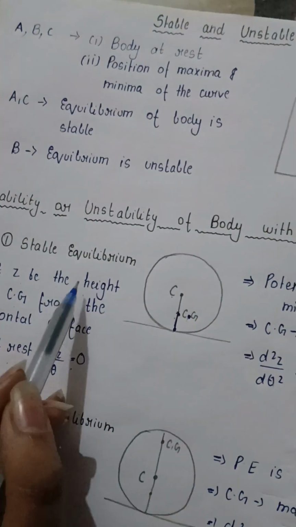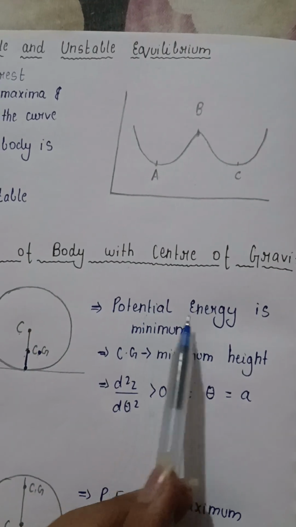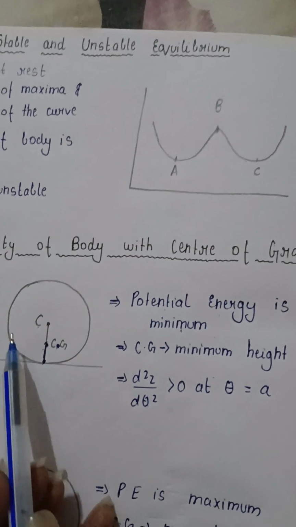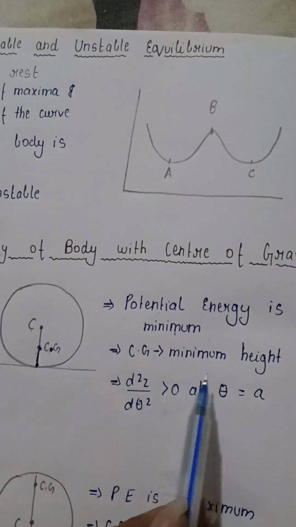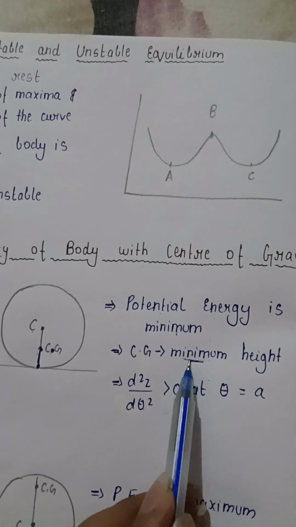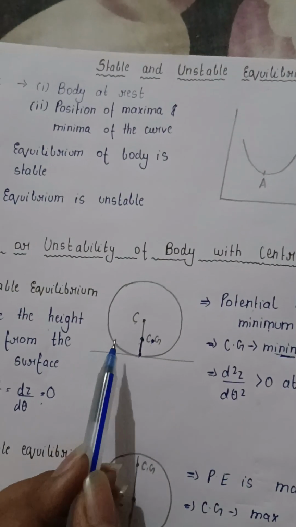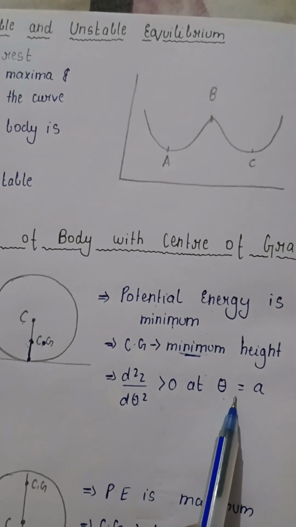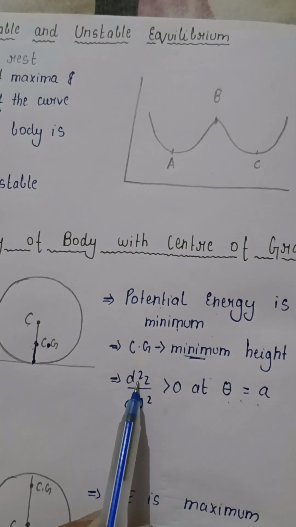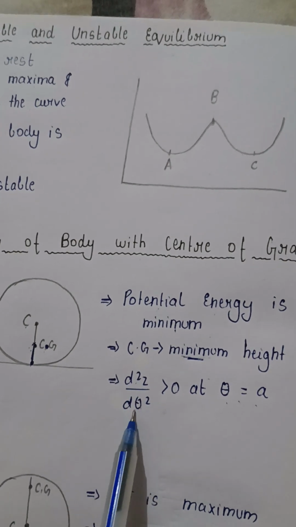And in this case, in stable equilibrium, the potential energy is minimum and the height of the geometrical center is minimum, and it is at stable equilibrium when theta is equal to a, that is d square z upon d theta square is greater than 0.